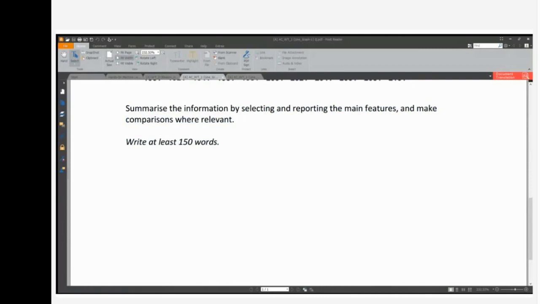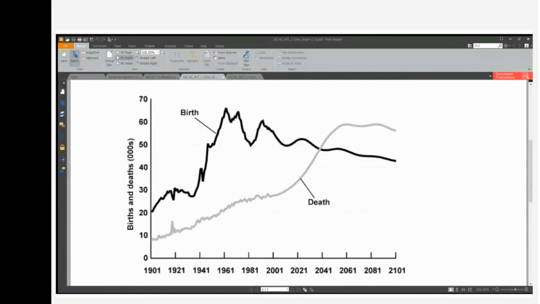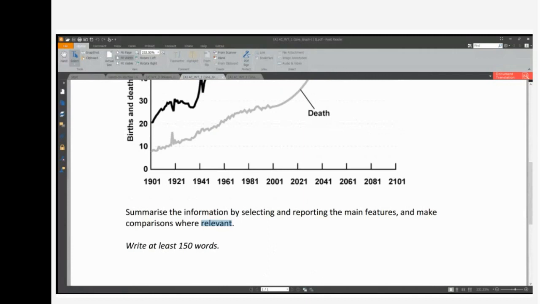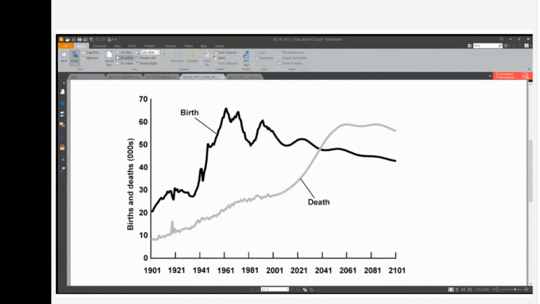Here it says that you need to select and report the main features of this particular line graph, and you have to make comparisons where it is relevant. So you can't just explain the graph in a very straightforward way, but you have to make comparisons whenever it is necessary. So you need to compare if there is a change or something significant. You need to write that into your report.